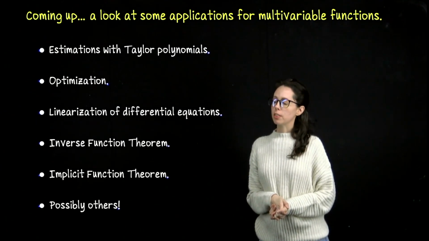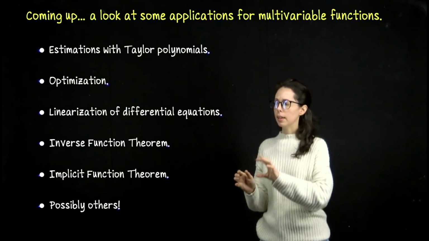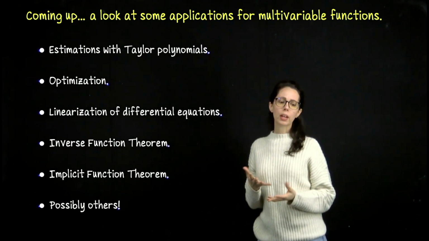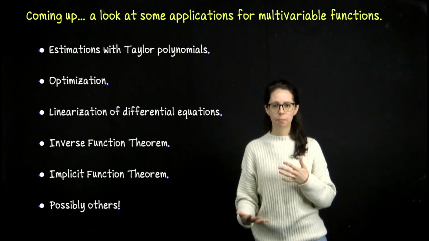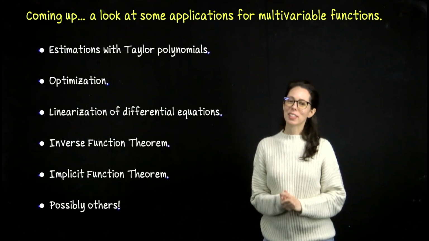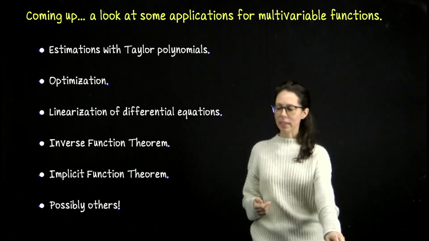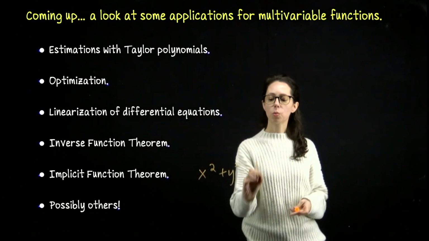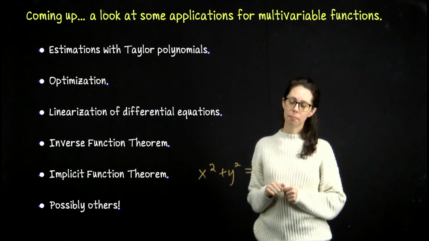The implicit function theorem is related to the inverse function theorem. It's basically asking when can you take an equation and view that equation as defining the action of a function. For a very quick example, because I want to give an example, but I also don't want to go too much into this right now: if you have x squared plus y squared equals 1, that's the graph of the unit circle in the xy plane.